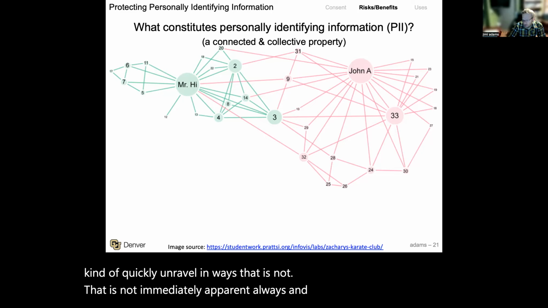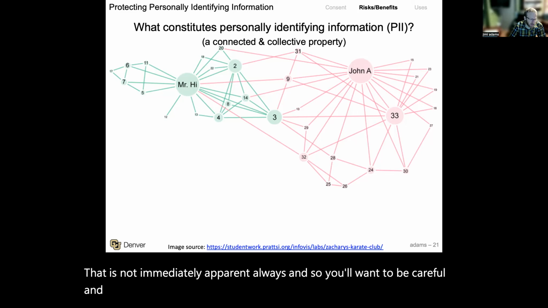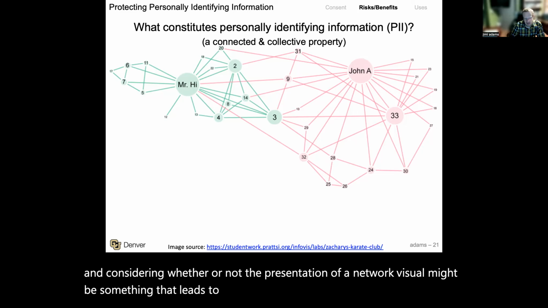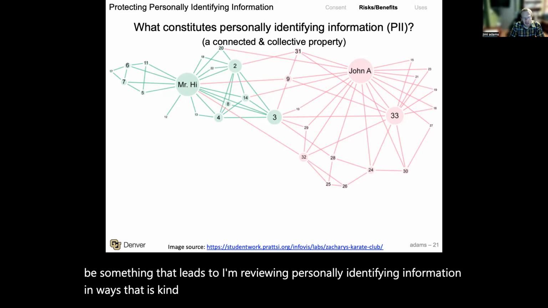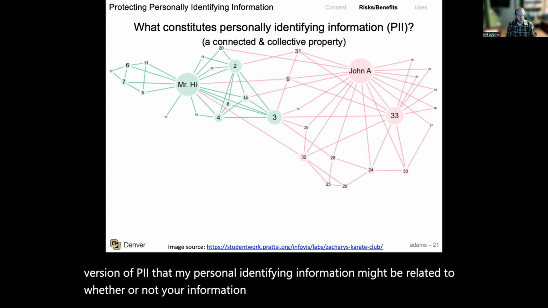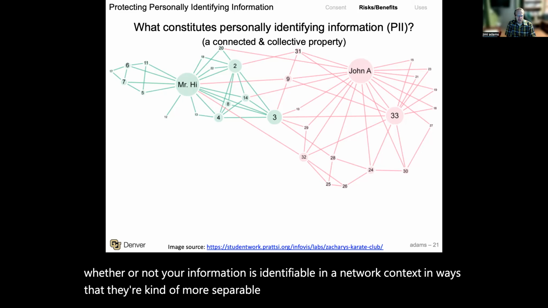And so you'll want to be careful in considering whether the presentation of a network visual might lead to revealing personally identifying information unintentionally. So this is a connected version of PII: whether my personally identifying information is protected might be related to whether your information is identifiable in a network context, in ways that they're more separable in other social and behavioral science research.